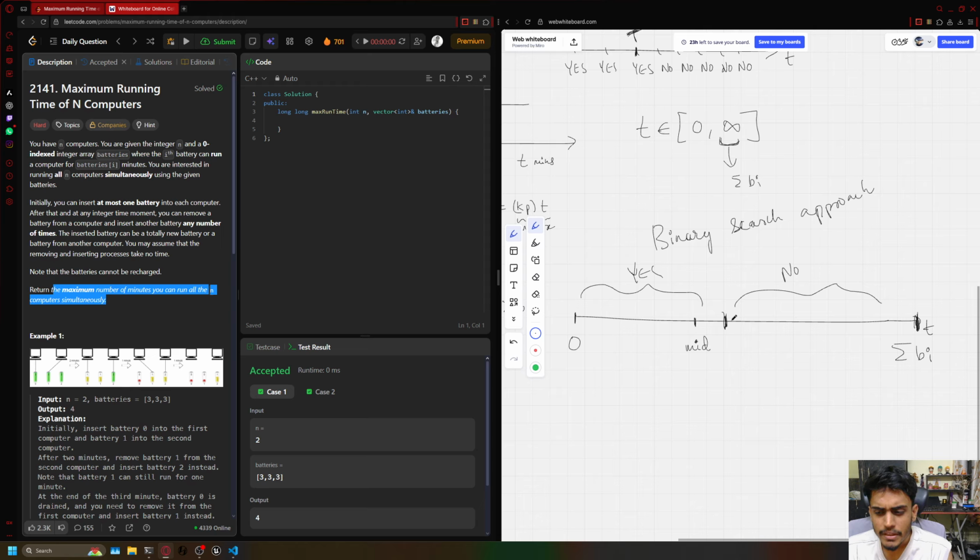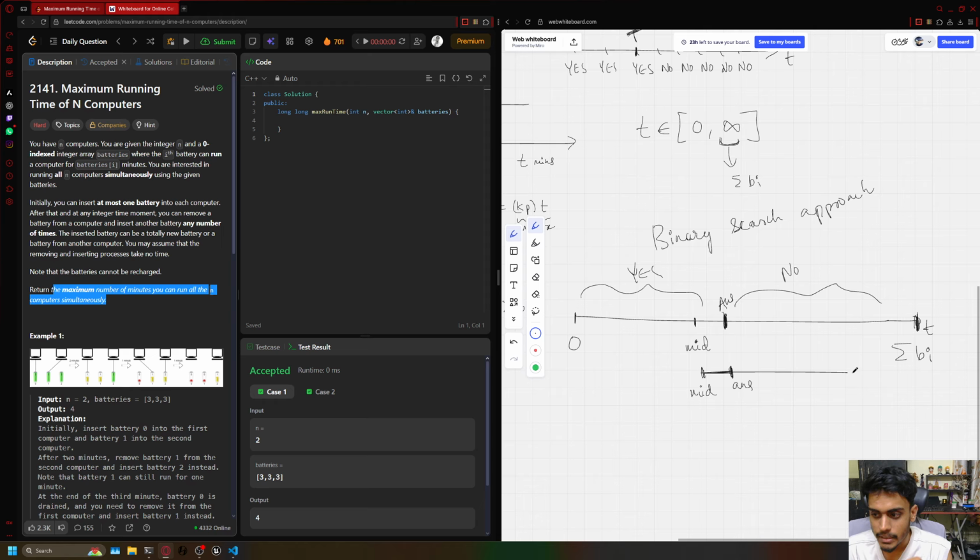Then my search zone will reduce from mid to this point. So this is my answer, because after this I am having no's, and this is the max t where I'm getting yes. I'm just showing you how binary search will help.